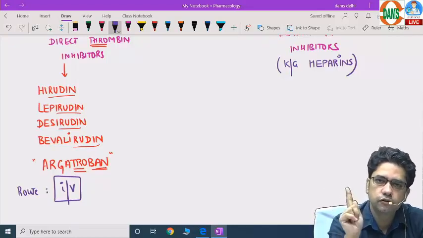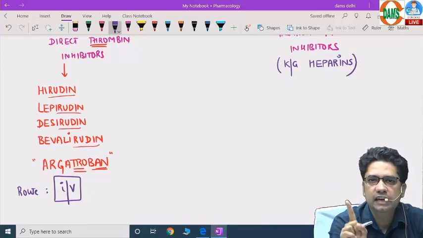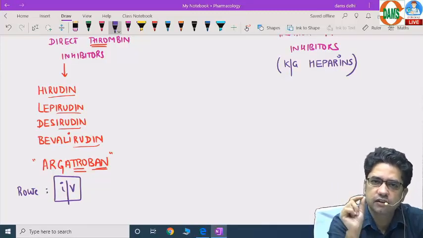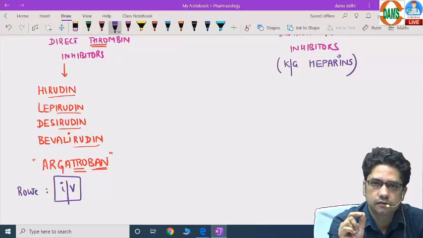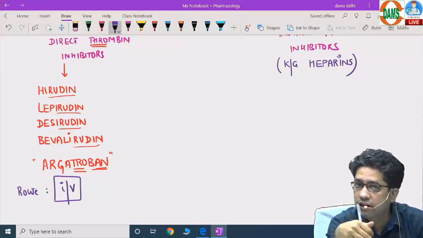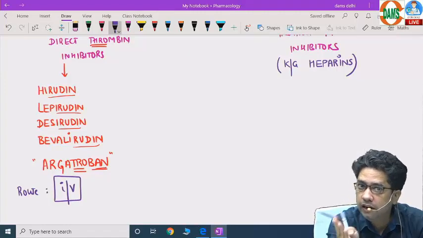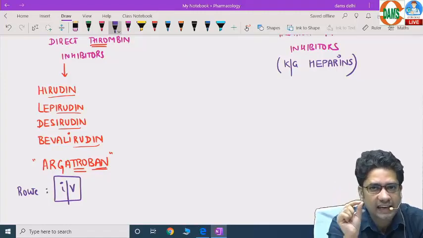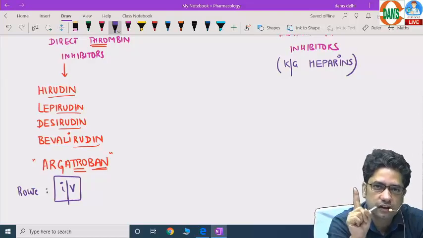Because if you give an IV drug, very fast action will come, and the risk of bleeding increases. So any intravenous anticoagulant you give will require monitoring.